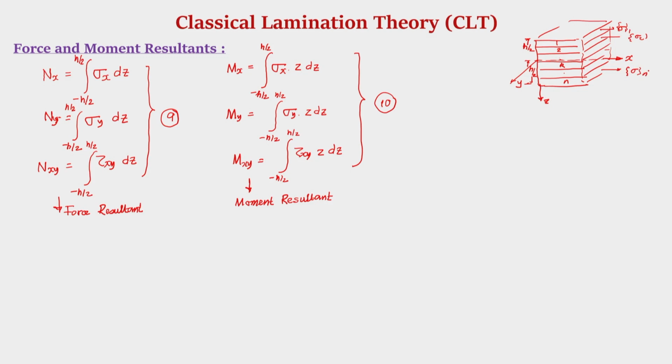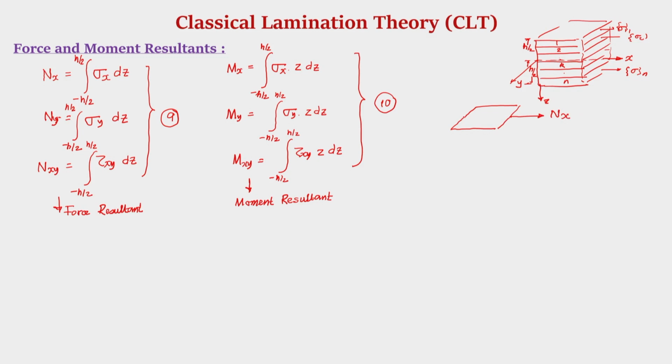Now, these stresses are represented by a single force. If you consider all the sigma x, the effect of all the sigma x is actually represented by a single force N x acting at the mid surface of the laminate.